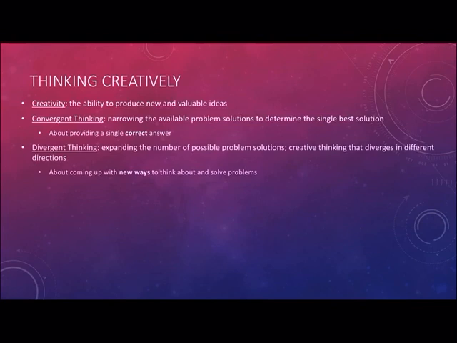Taking all of our options, narrowing them down like a funnel. That's convergent thinking. Whereas divergent thinking is you start with one idea or one set of circumstances and you try to come up with the largest number of solutions you can possibly think of. How many different ways can I diverge my thinking into different directions? How many different solutions can I come up with? How can I think creatively, right?